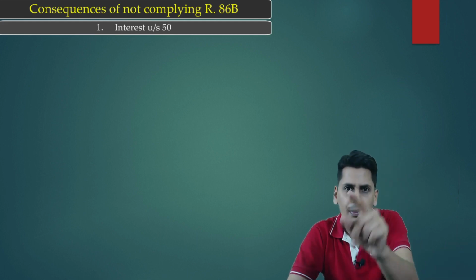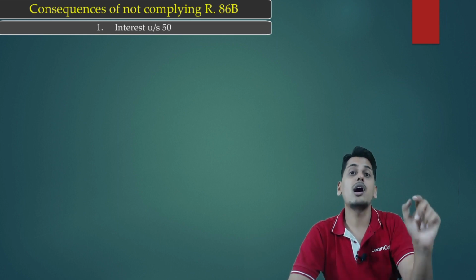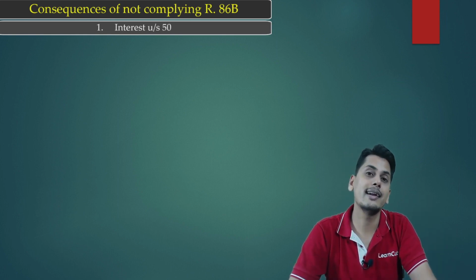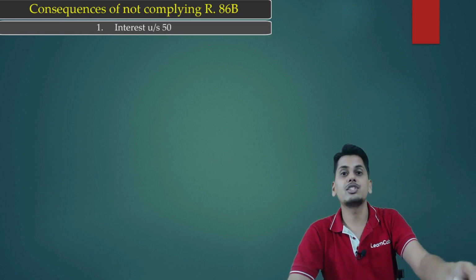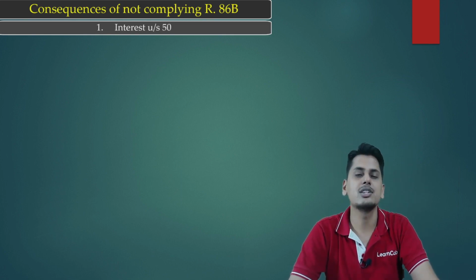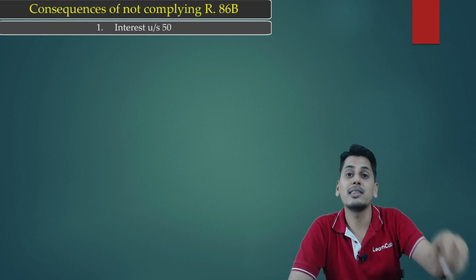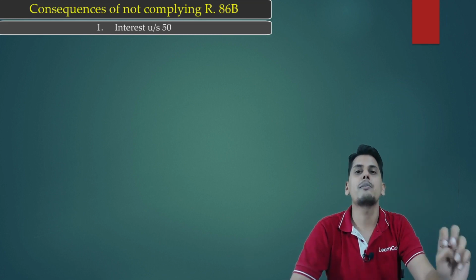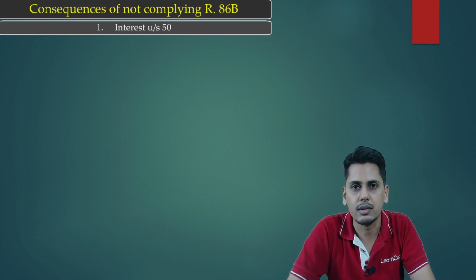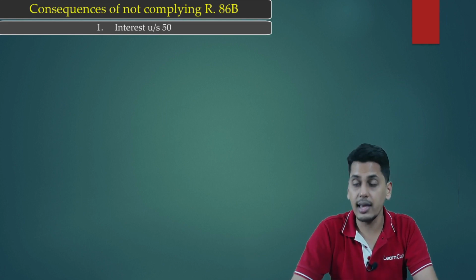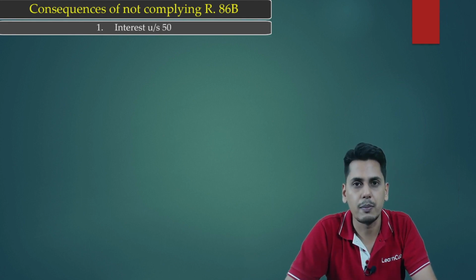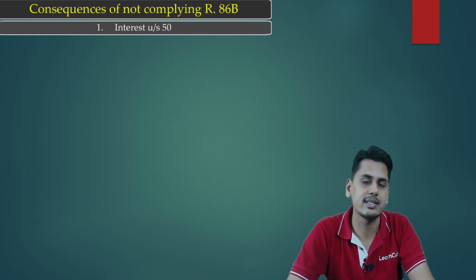Now, since that 1% liability you have discharged through your electronic credit ledger, it is merely a book adjustment entry in the books of accounts of the government. The money really doesn't flow to the bank account of the government. So friends, to that extent, the working capital of the government is impaired. So hence, you will have to pay the interest.